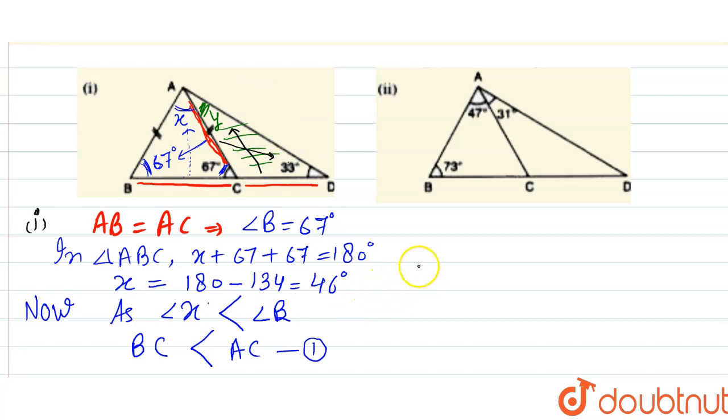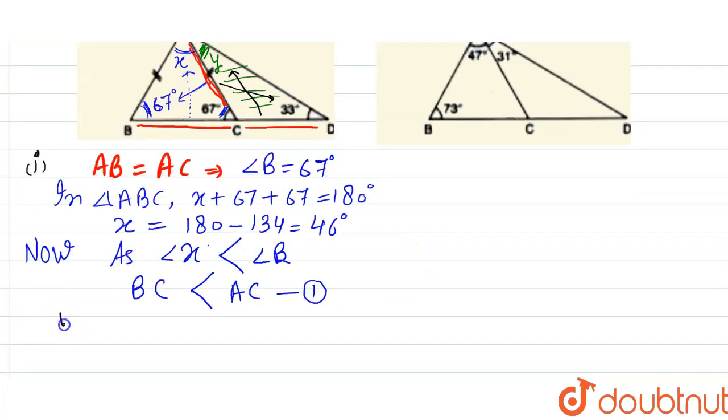And Y we can calculate easily, by the exterior angle property. Y will be the exterior angle 67 minus 33, so it is 34. Angle Y is 34. Now you can observe that angle Y is the larger angle, so the side opposite to angle Y will be longer. CD will be longer.